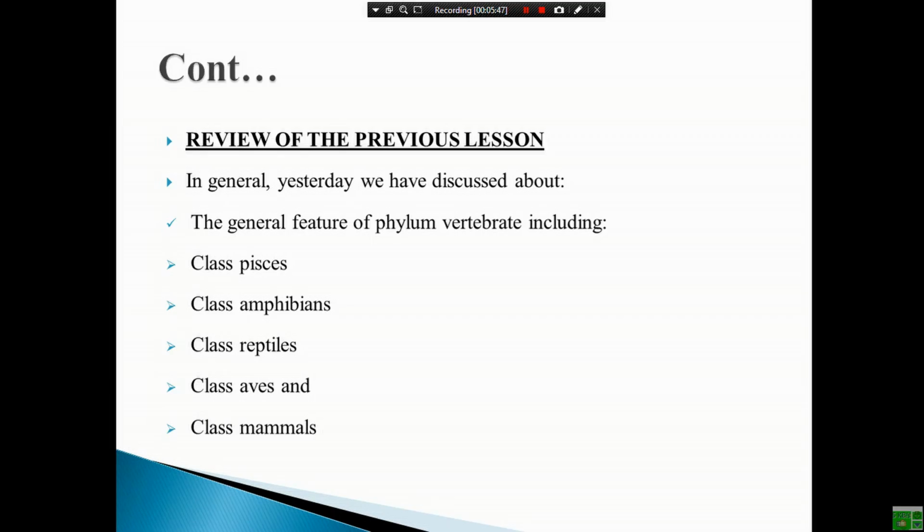And finally, we discussed subdivisions of mammals: egg-laying mammals, which can lay eggs, and marsupials, which produce immature young, which are nourished by milk in the pouch or marsupium, and higher mammals or placental mammals develop a uterus for the young and produce fully developed young, which are nourished by milk from the mammary gland.